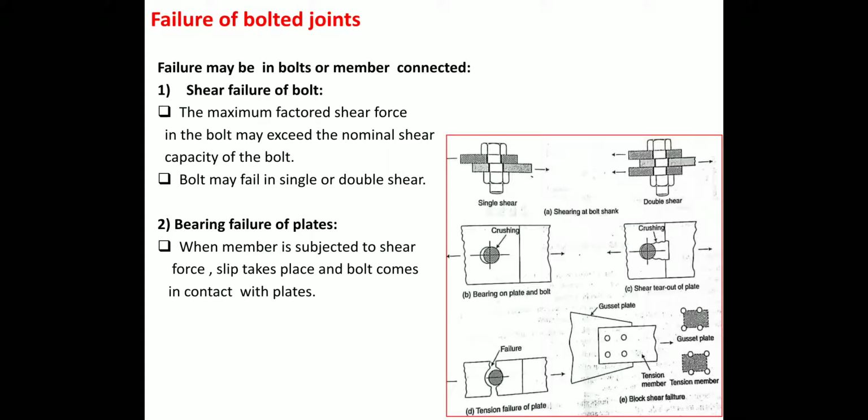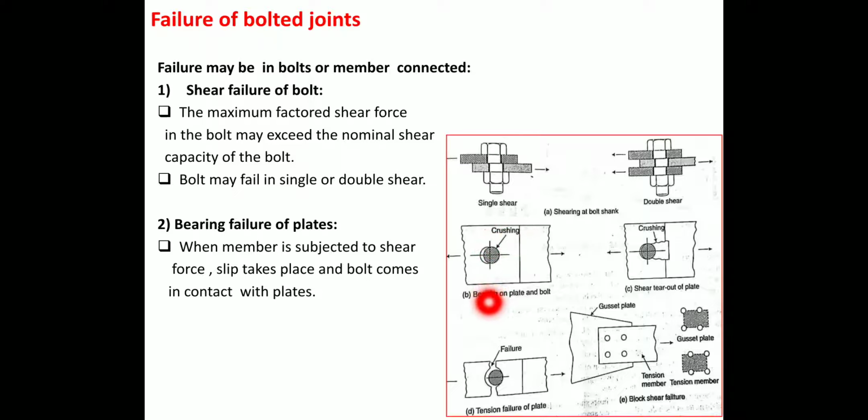Next type of failure of a bolted joint is bearing failure of plates. What is meant by bearing failure? When a member is subjected to shear force and slip takes place, the bolts come in contact with the plates, like this. Here a little bit of the bolt may fail like this, known as crushing.